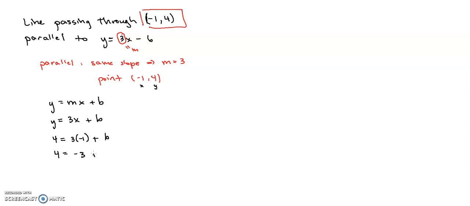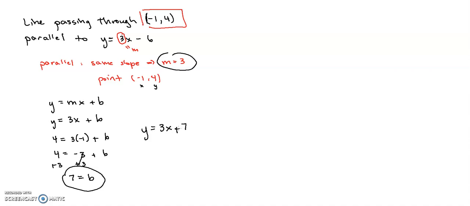That's negative 3 plus b. So I'm going to add 3 to both sides, and I get 7 equals b. So now I have m and I have b, and my equation is y equals 3x plus 7. And you can double check, they have the same slope, so we're in good shape.